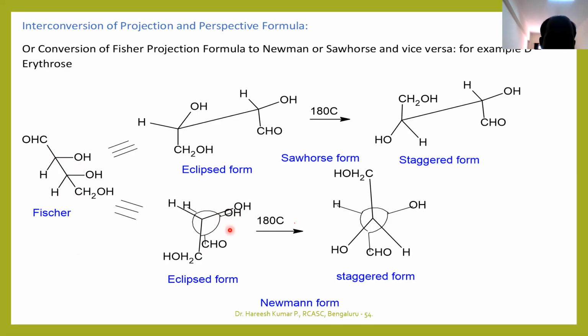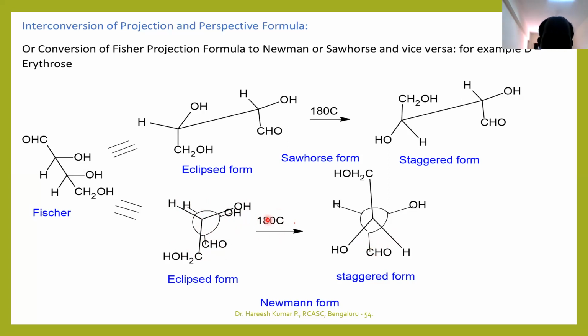In the eclipsed form, you can observe that there is a repulsion between this bulky group and this bulky group, this hydrogen and this hydrogen, and this bulky group and this bulky group. That is the reason, because of the steric hindrance, it tries to move towards the staggered form.